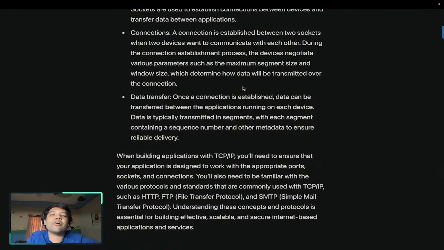So what is a segment size? I remember learning about it, but I think I have forgotten exactly what it is. I don't remember actually what it was.